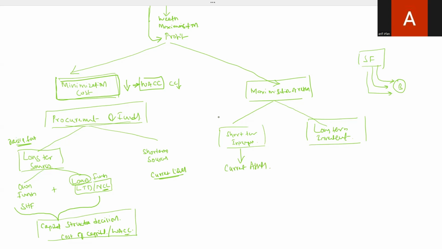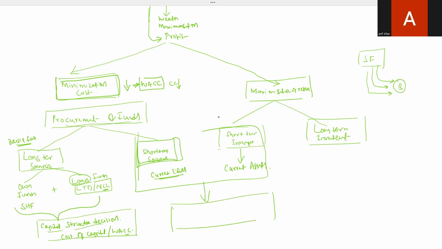This particular topic, short-term sources and short-term investment, is considered as working capital management decisions.